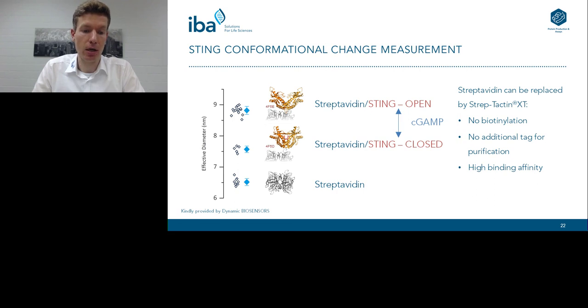Once you bind a biotinylated protein, the effective diameter increases to 7.5 nanometers. And then if you have a conformational change of the protein to an open configuration, you have a further increase in the effective diameter, which makes it possible to measure the distribution between open and closed conformations. The advantage of using a Strep-Tactin XT chip is that you don't have to biotinylate your protein. You can use the same tags that you have already used for purification, but you still have a very high binding affinity.